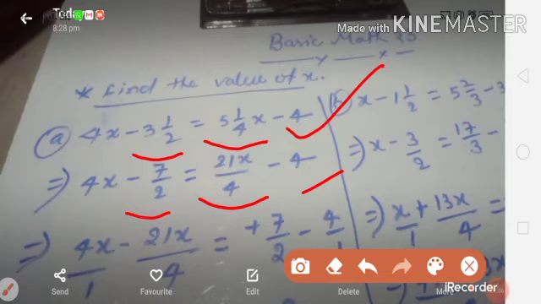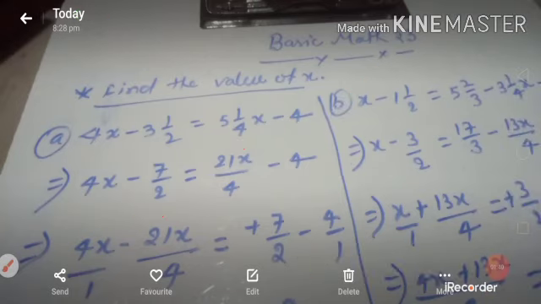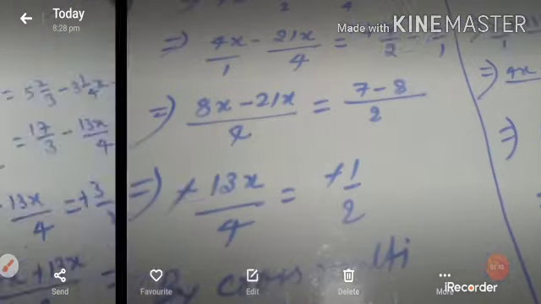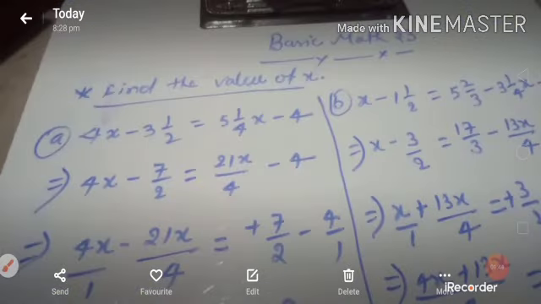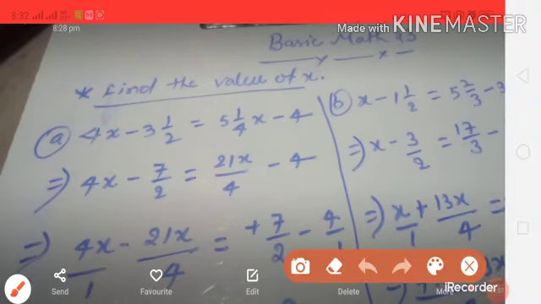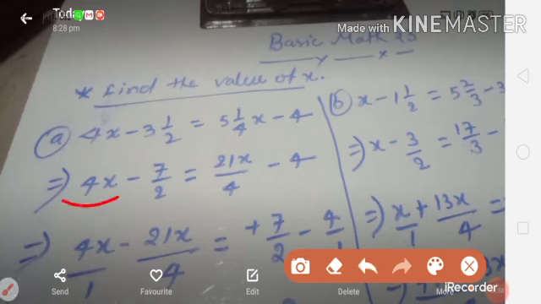Now go for the similar process that you already know: first of all, you have to select the x terms. You see that this is an x term before equal, so no change of sign, and this is after equal, so we change the sign and find minus 21x by 4.